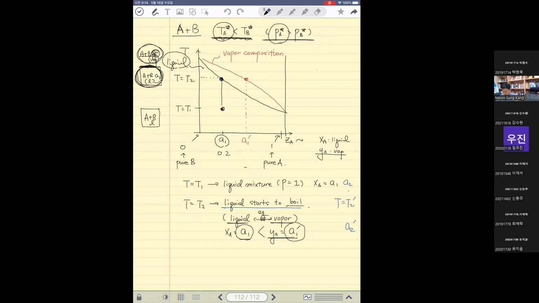And what do we learn from this phase diagram here? So let's go back to the beginning again. At T equal T1, we had liquid mixture, and A and B mixed well. So we had A plus B, and here we had P being equal to 1. Only single phase existed. If you increase the temperature up to here, for example, the mixture is going to be pure vapor phase, and it's going to be well mixed vapor of A and B. So above here, you're also going to have P being equal to 1.